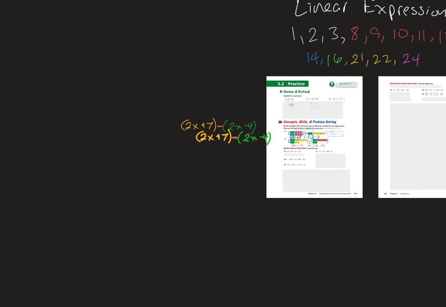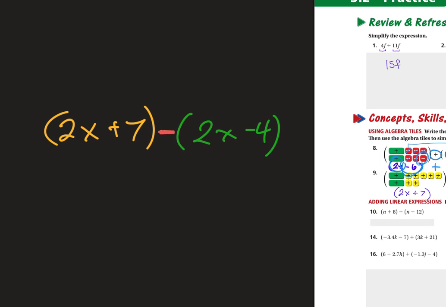The first one, I'm just going to bounce. 2x minus 2x would cancel each other out. And then 7 minus -4. 7 minus -4 would be 11. So that's going to be your answer.